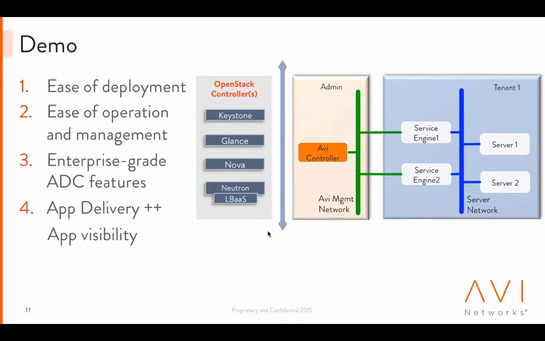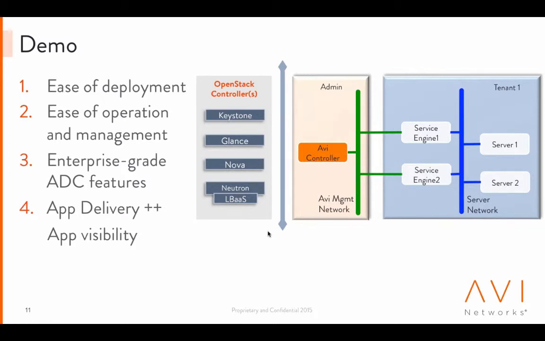The other deployment option is, as I show on the left-hand side, the LBaaS plugin in Neutron. You can go through the LBaaS API and create your virtual services through there. And in this case, we have an LBaaS plugin that talks to the AVI controller, and it's again REST API based because AVI controller is purely REST API.